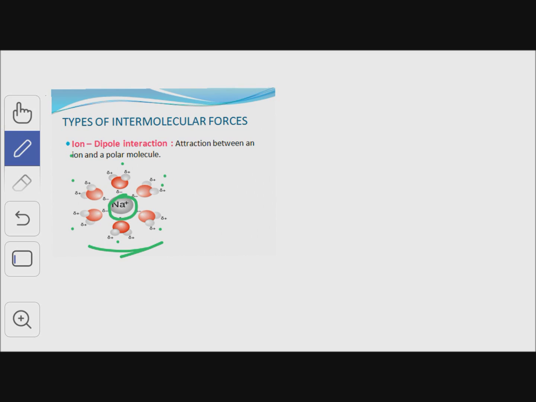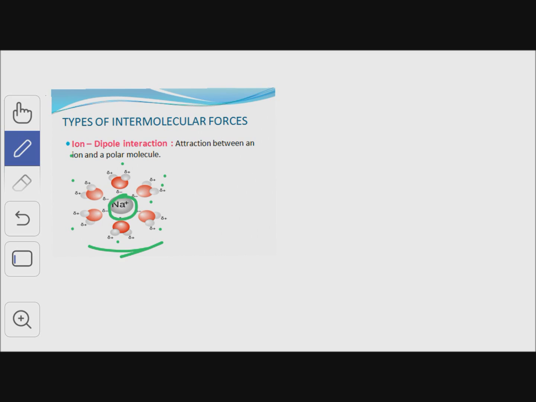Here in the center is the cation, which loses its one electron and acquires a positive charge, Na positive, and this positive charge attracts the negative charge of the oxygen of the water molecule, and this forms the ion-dipole interaction.